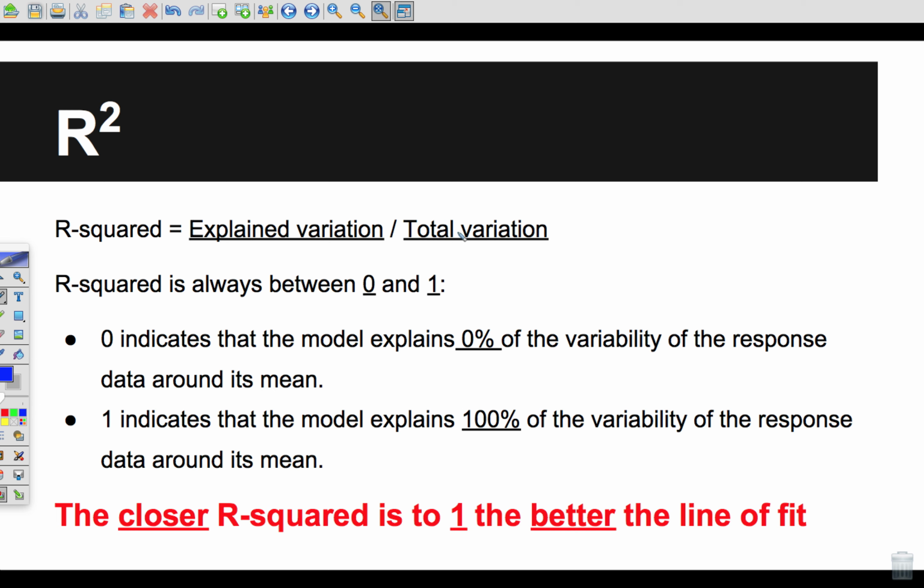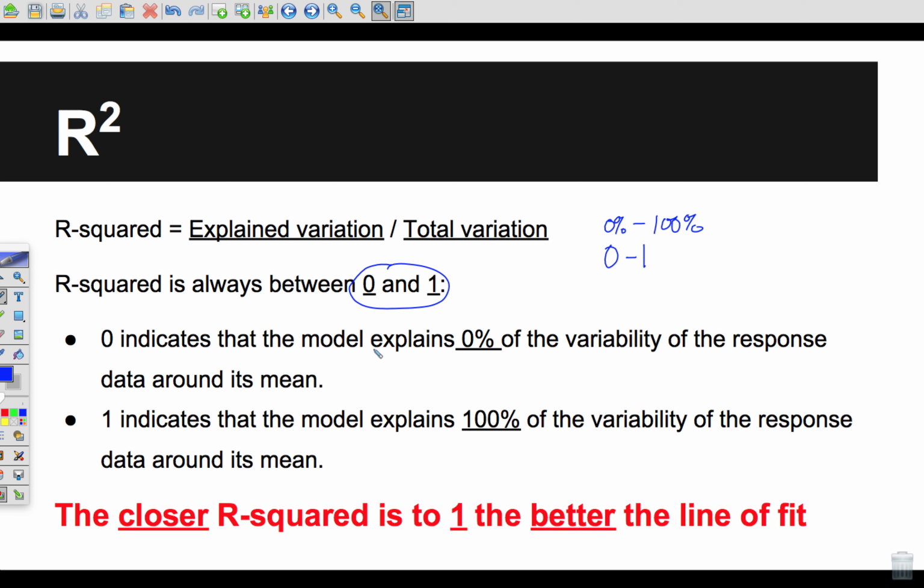So it's like a percentage. Taking something out of the total is always a percentage. Remember, percentages can range from 0% to 100%, or if we change these to decimals, 0 to 1. So R-squared always has to be between 0 and 1. So like 0.90 would be 90%, okay?